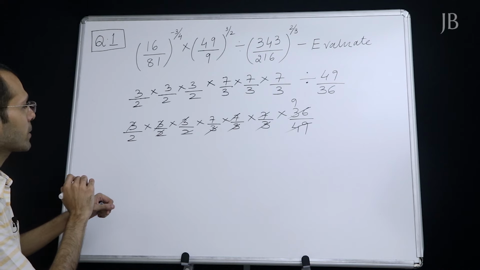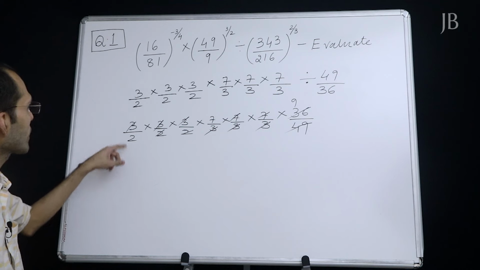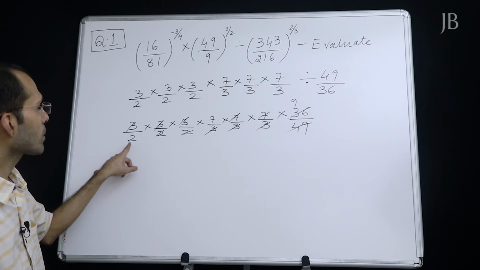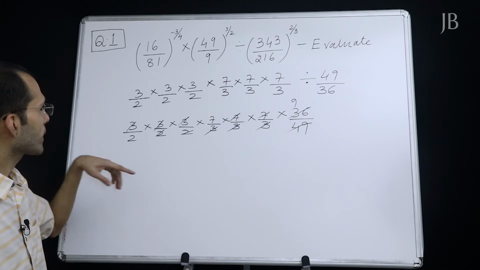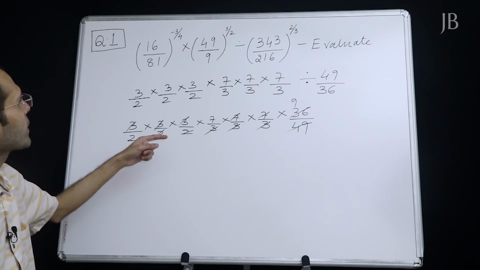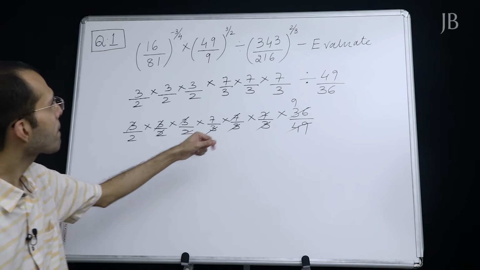And now what are we left with? Have we missed out on anything? No, no. So this will come to 9 upon 2. Okay, see, 3, 3, 3 gets cancelled. 7 by 3, okay, this is also fine.